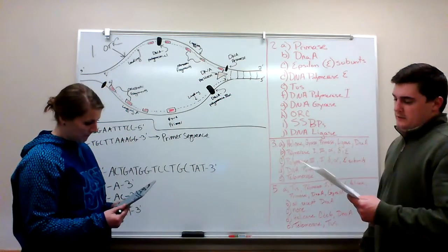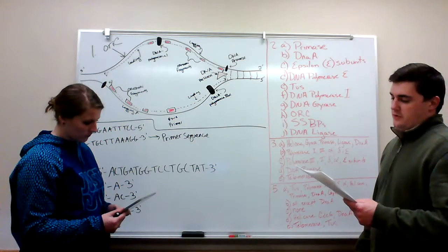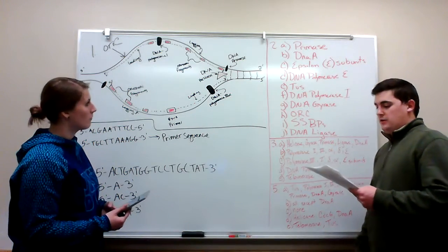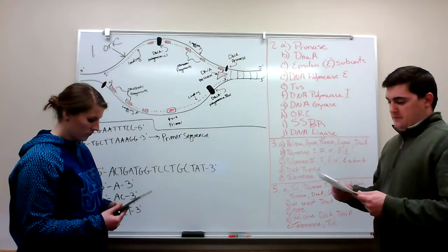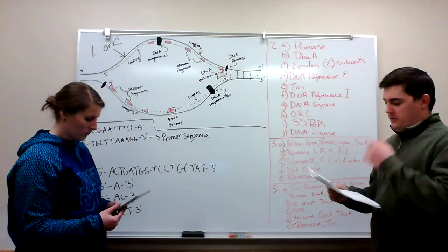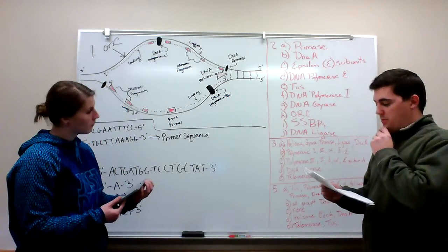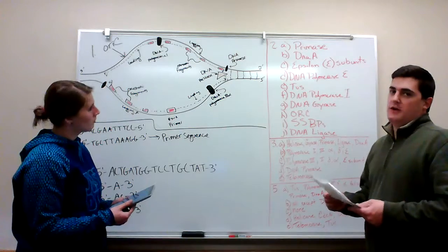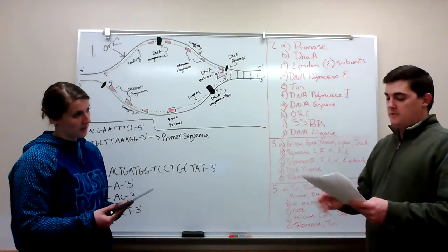For E, this protein displaces DNA polymerase 3 from the chromosomes to terminate replication, and we got that as the Tus protein. For F, it says this protein has a 5' to 3' polymerase and a 5' to 3' exonuclease activity. Exonuclease just means it can start on the ends instead of in the center.